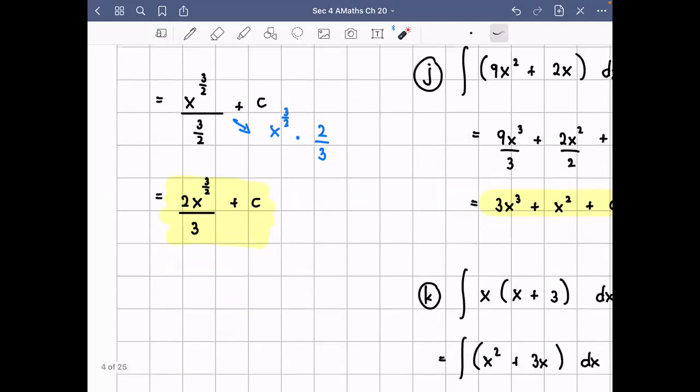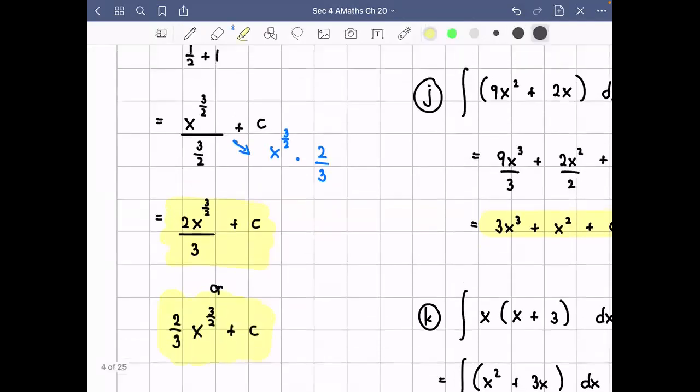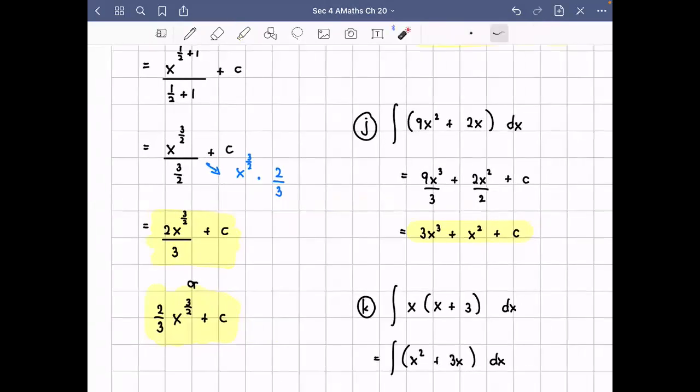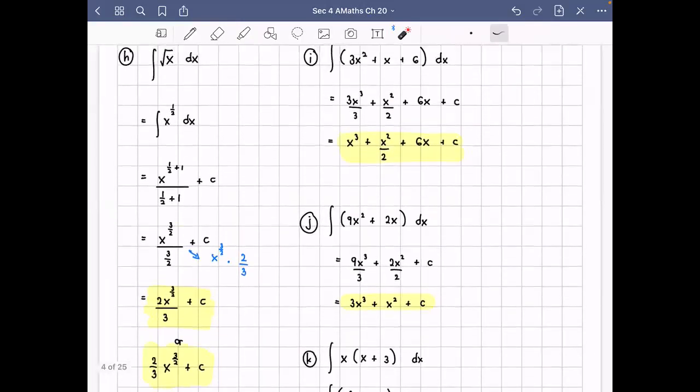Or if you want, you can write your final answer as 2/3 x raised to 3 over 2 plus c. It's the same answer, so it's up to you which way to write it. Do you have any question with letter H?